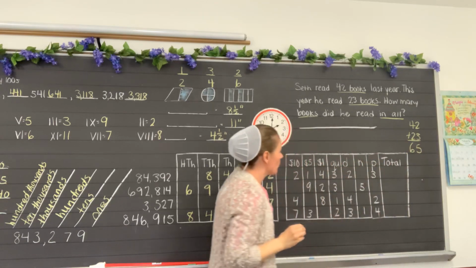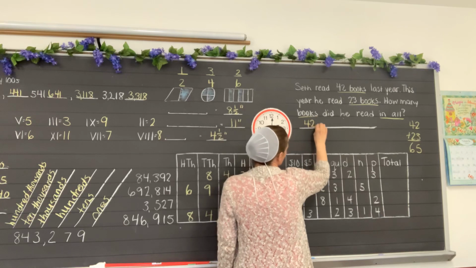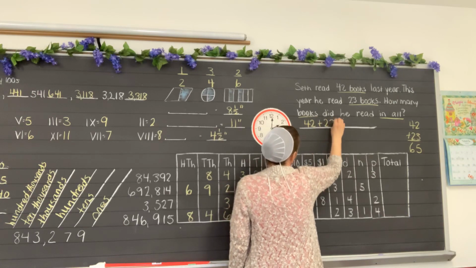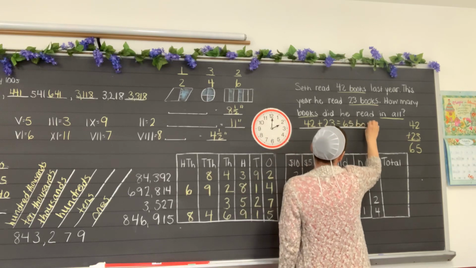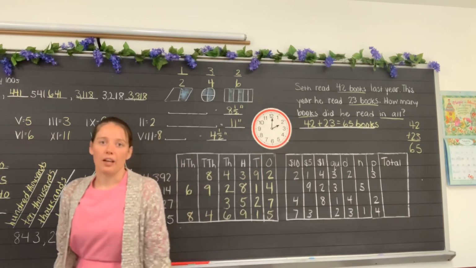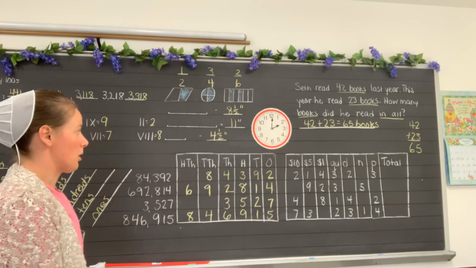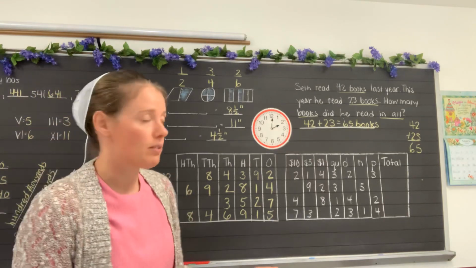So 65 books, and now we'll write our thing out here. We have 42 plus 23 equals 65 books. So altogether, Seth read 65 books so far this year and last year, altogether 65 books.